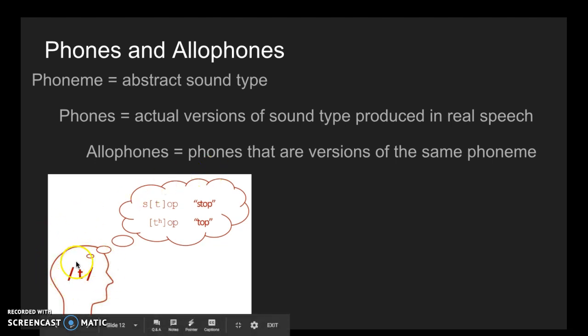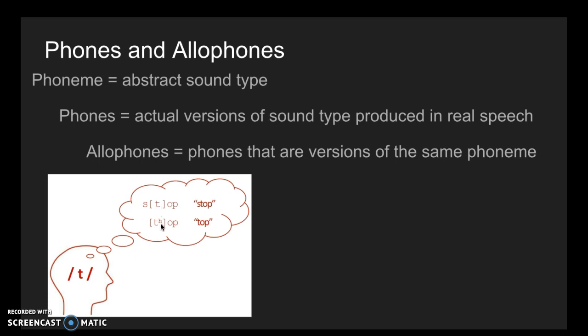So in this person's mind, we've got the phoneme. This is their abstract understanding of what is this idea of T in English, the T sound. And then we break it down into these two different phones. Okay, so we've got this one here that is going to be just your T sound without the aspiration.